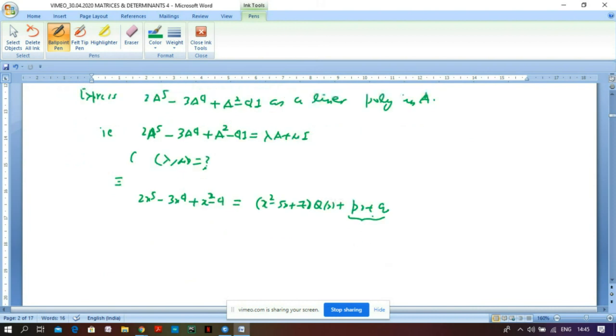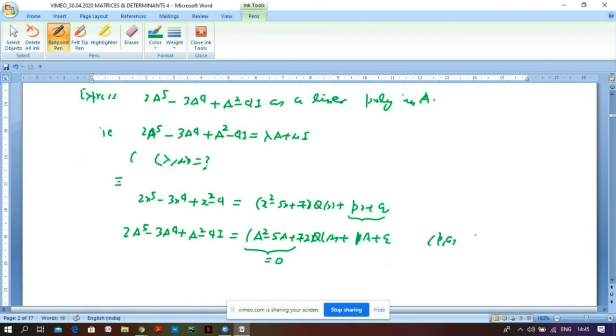The moment I get p and q, I can write 2a to the power 5 minus 3a^4 plus a squared minus 4i as (a squared minus 5a plus 7i) times q(a) plus pa plus q. Those are still numbers, and because this is 0, I've been able to express this as pa plus q, and my p and q are my lambda and mu.